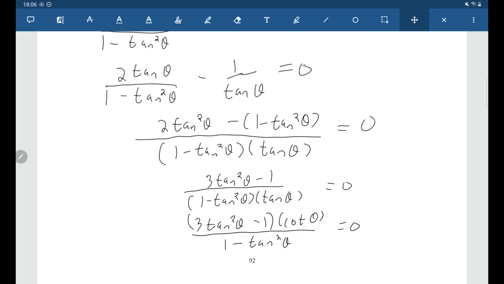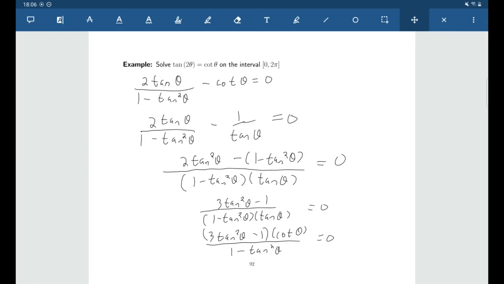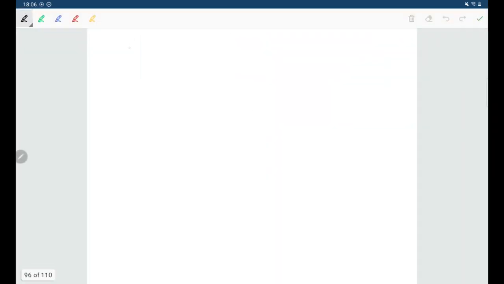And so now we know that, again, our fraction will be equal to 0 when the numerator is equal to 0. So in other words, we know that 3 tangent squared theta minus 1 times cotangent theta should be equal to 0, which leaves us in two different directions.